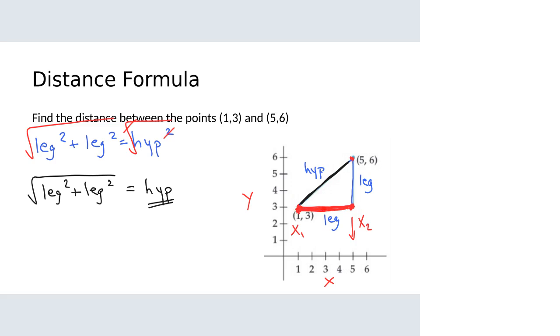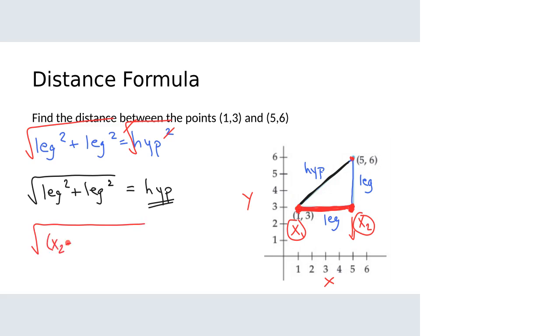For this leg right here, the distance from this point to this point is just the difference between these two numbers. Here we can see it's 5 and 1, so it'd be a distance of 4. But let's say we didn't have numbers yet, and it's from x1 to x2; we want that difference. So let's write that down.